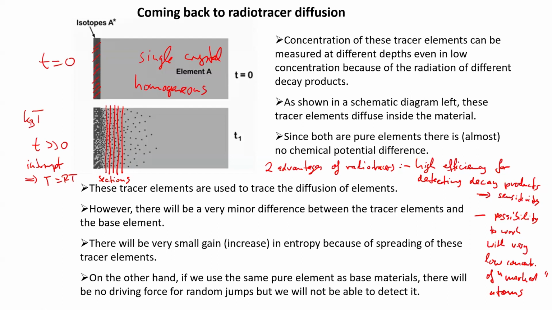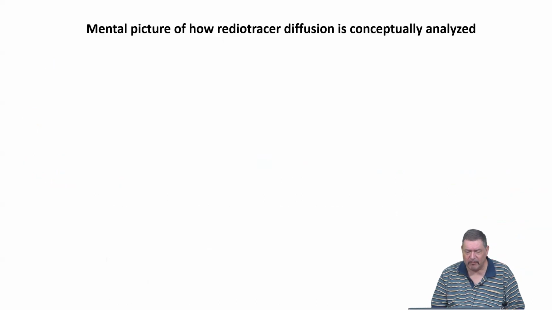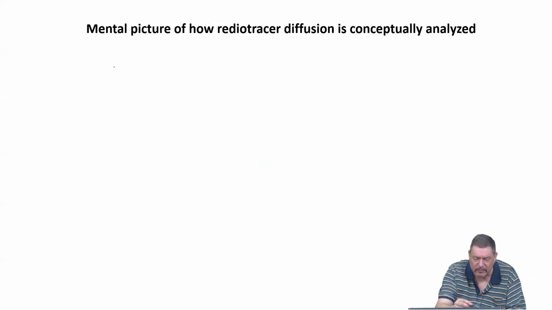And there will be a very small but a finite driving force based on the concentration gradient, because we have a high concentration of these marked atoms here, and basically low or zero concentration in the crystalline bulk before the diffusion starts, and then we get the concentration profile. So it means we can apply the same mental picture as we had before.